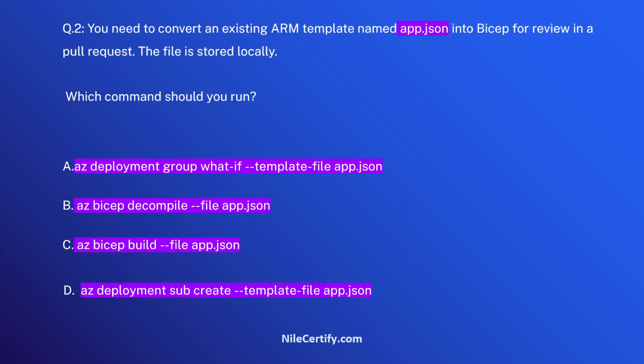Next question. Here you need to convert an existing ARM template named app.json into Bicep for review in a pull request. The file is stored locally. Which command should you run? A. az deployment group what-if --template-file app.json.